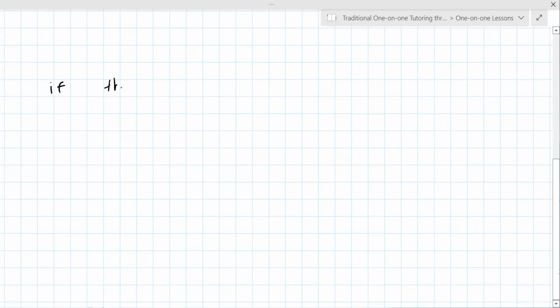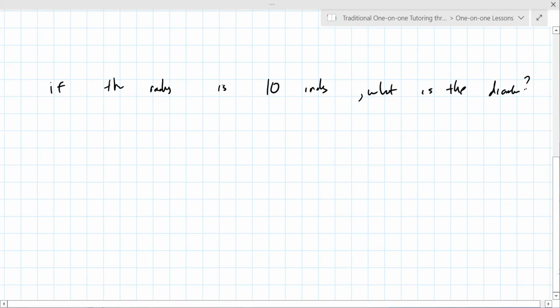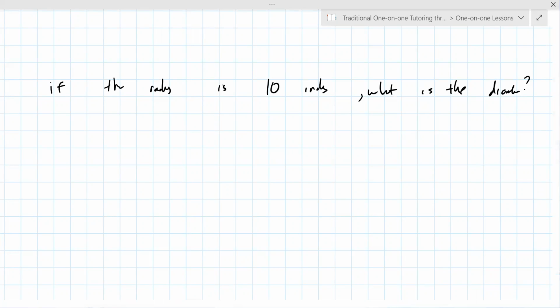Okay, let's look at another problem here. If the radius is 10 inches, what is the diameter? That is going to be 20. 20 what? 20 inches.